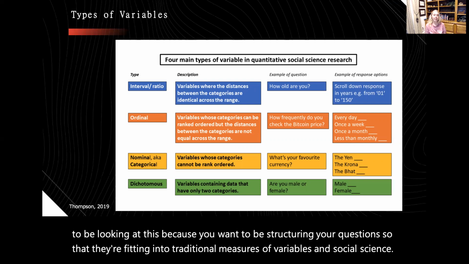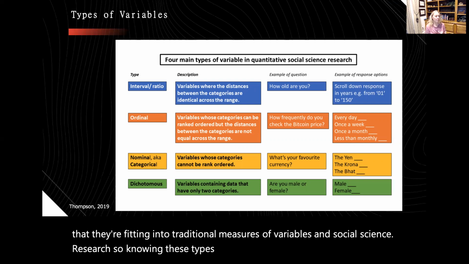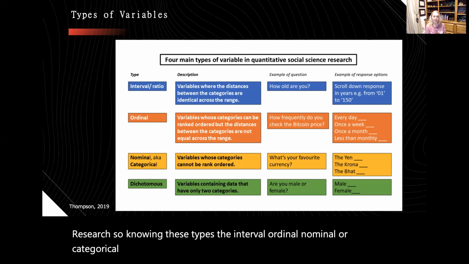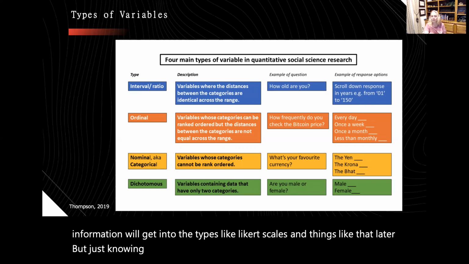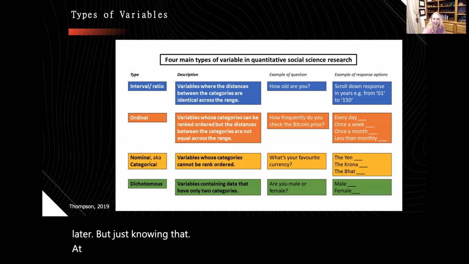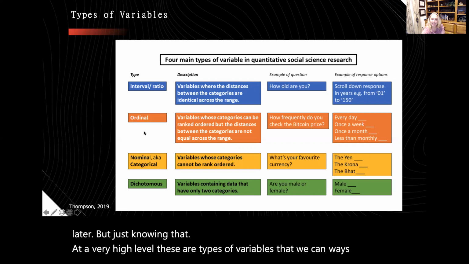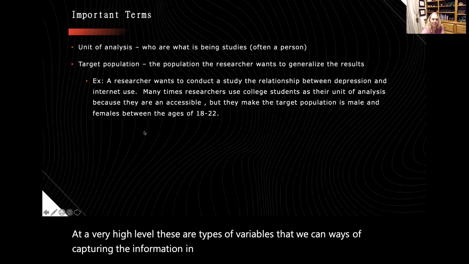So knowing these types, interval, ordinal, nominal or categorical, and then dichotomous, these are often ways that we capture information. We'll get into types like Likert scales and things like that later, but just knowing at a very high level, these are ways of capturing the information in our research.